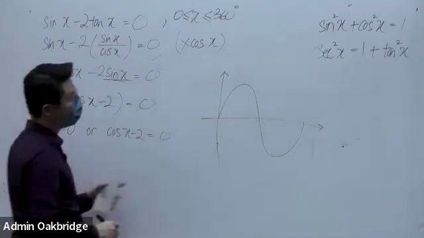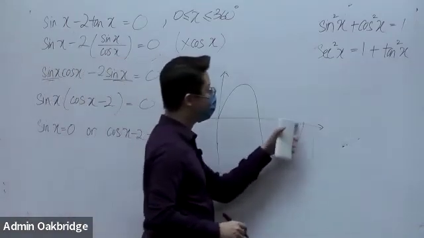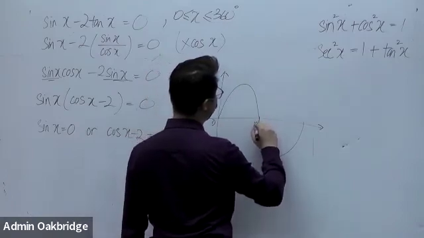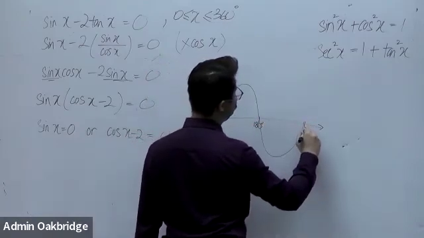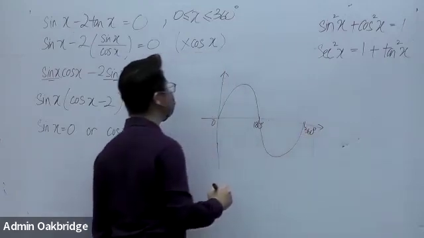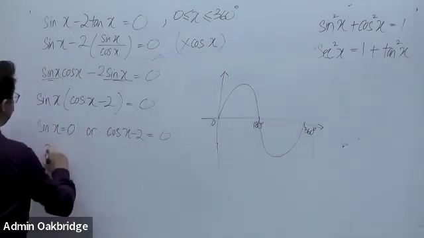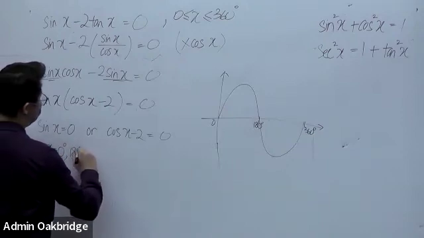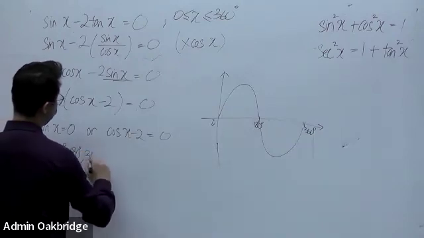Sine x equal to 0 means what? The x-intercepts, right? So now you know the x is 0, 180, 360.